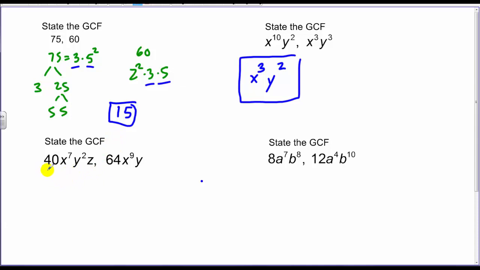Now, in this next example, we have, again, 2 numbers, and then we have variables that we have to deal with. If I want to find the GCF of 40 and 64, I need to find the largest number that goes into both of those two numbers.